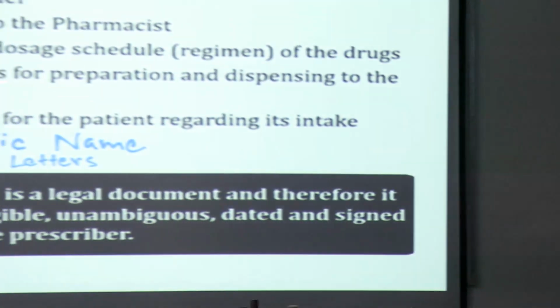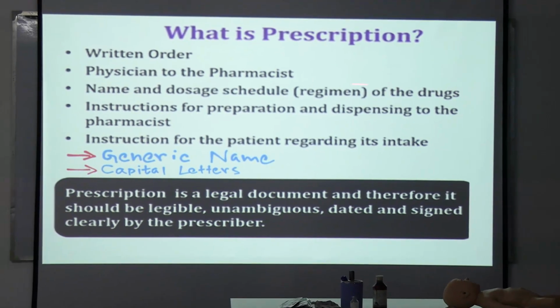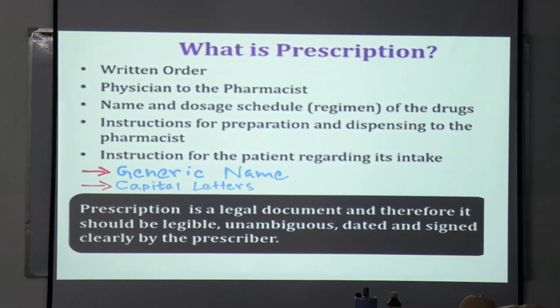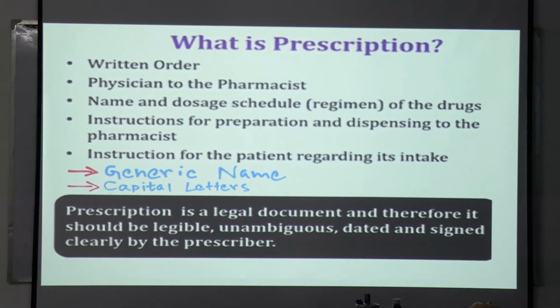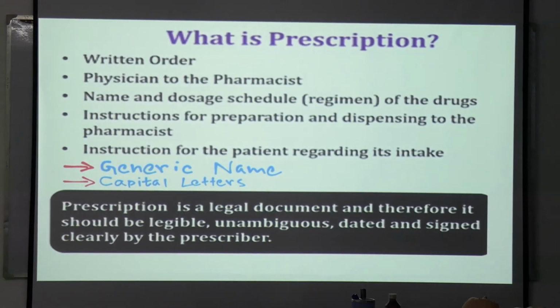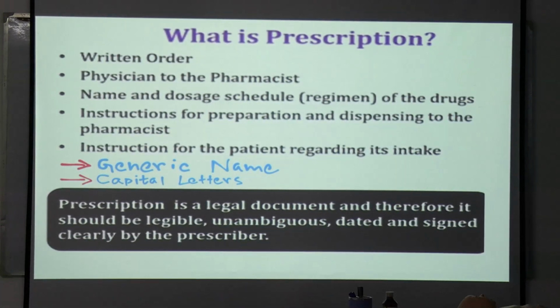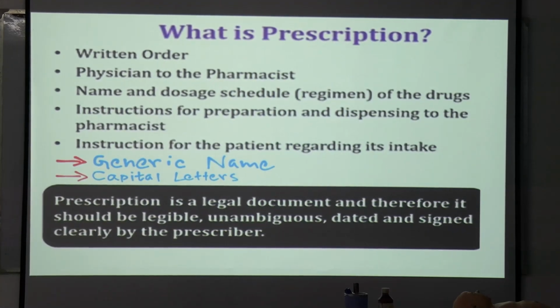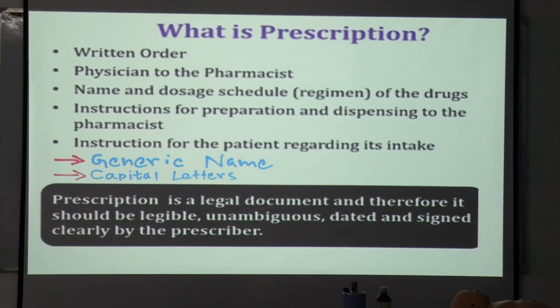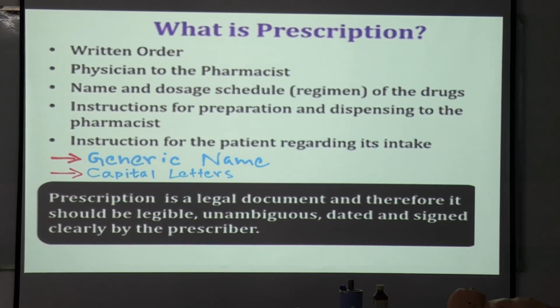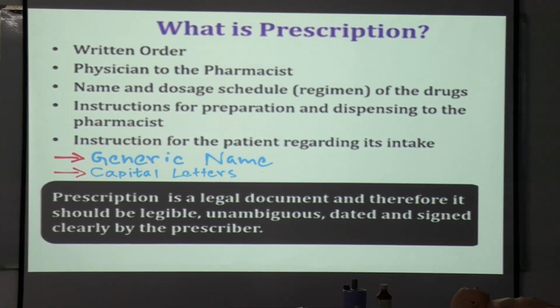Then the prescription contains the name and dosage schedule of the drug. As I just told you, a patient is suffering with urinary tract infection, you have to complete a course of antibiotic for 7 days, twice daily, 14 tablets to be taken. So there you have to write in the prescription norfloxacin 400 milligram tablet.